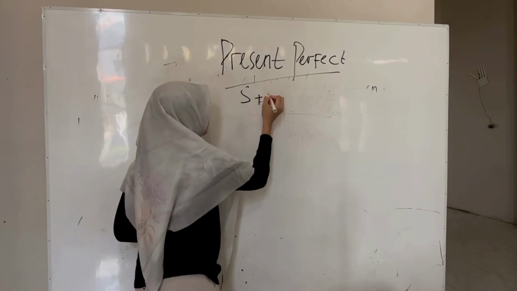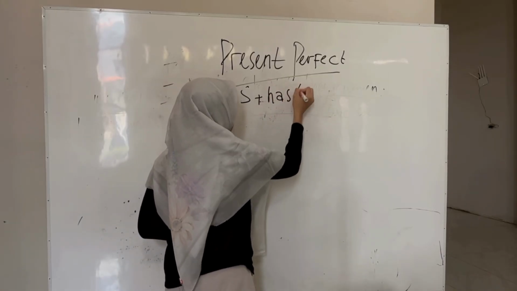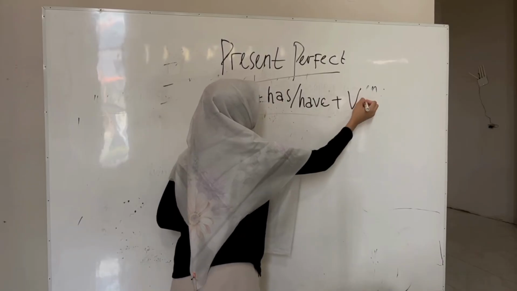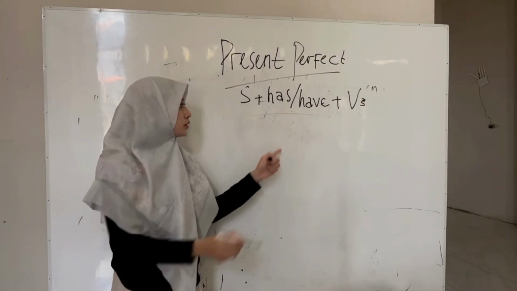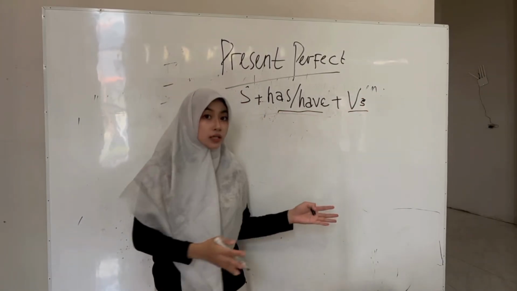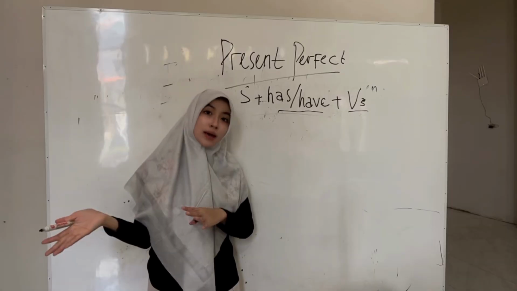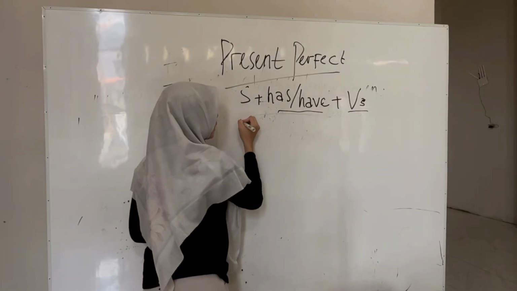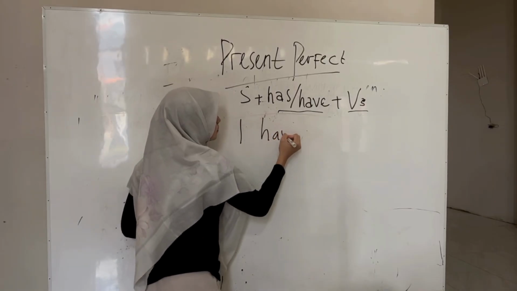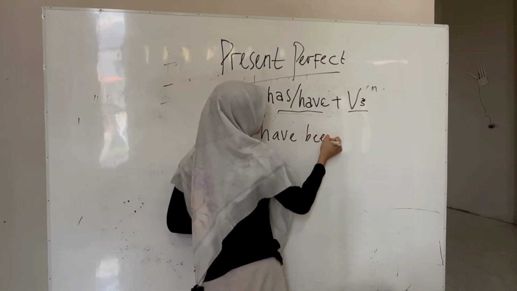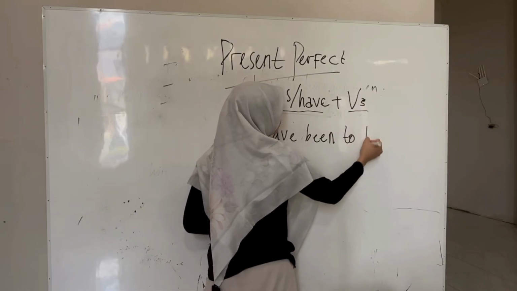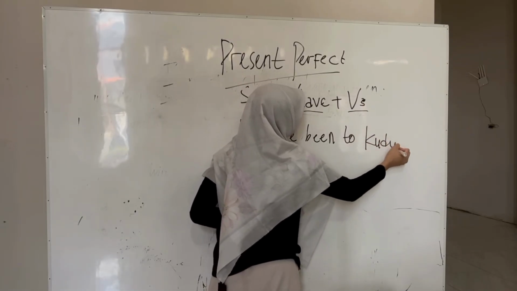Subject has, have, or verb three. We always use has, have plus verb three to show that it has already happened in the past. Let's say, I have been to Kudus.